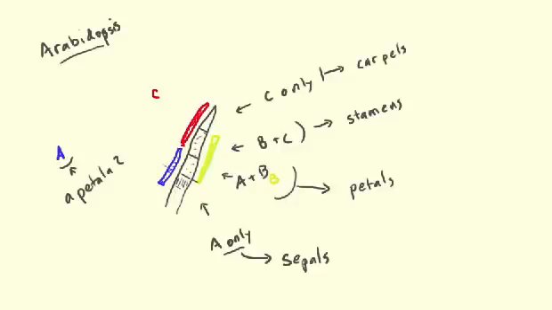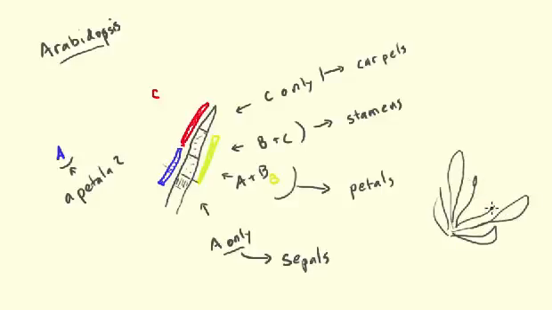Okay, so think about this. When you undergo your dissection of a flower, where you'll have sepals and petals and stamens and some kind of gynoecium, sometimes it's going to be underneath the gynoecium with the stigma over here.